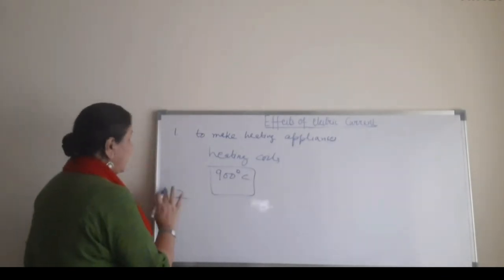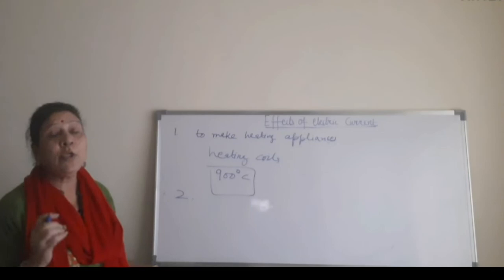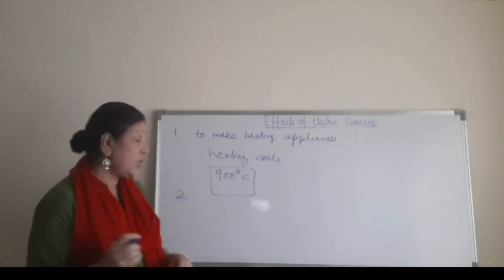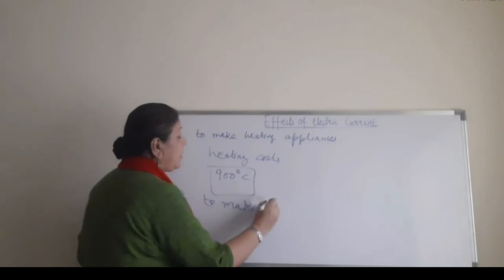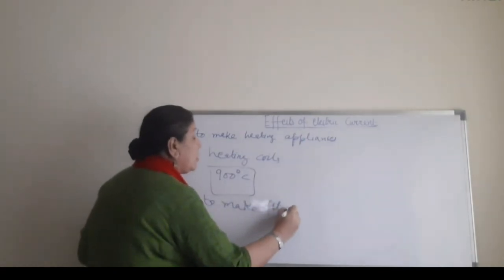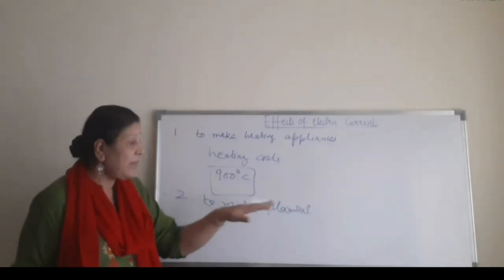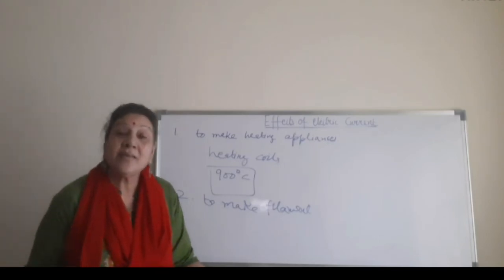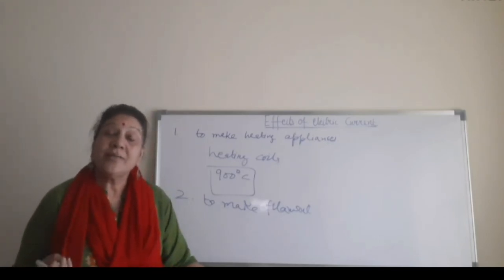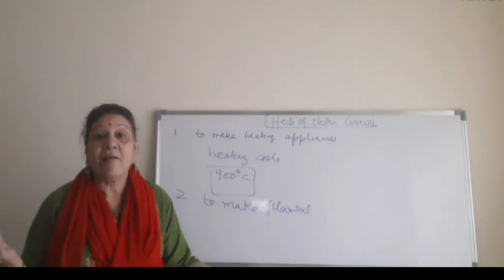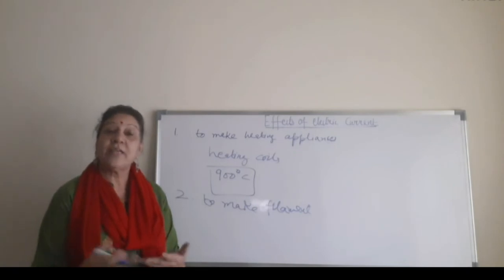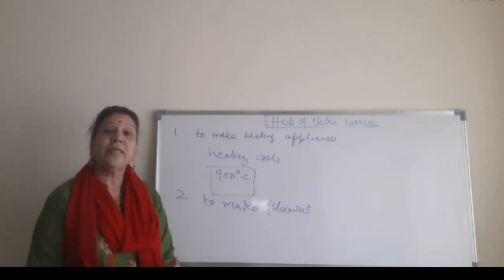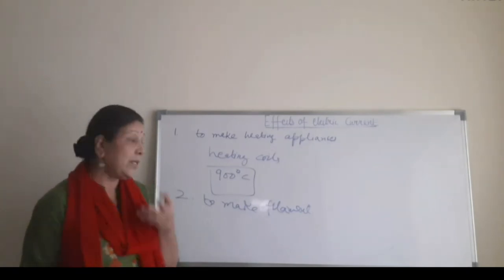The second application is the filament of the bulb. The filaments are mainly made of tungsten wire. Tungsten has a high melting point and high resistance, and that's why most of the electric energy is converted to heat energy.